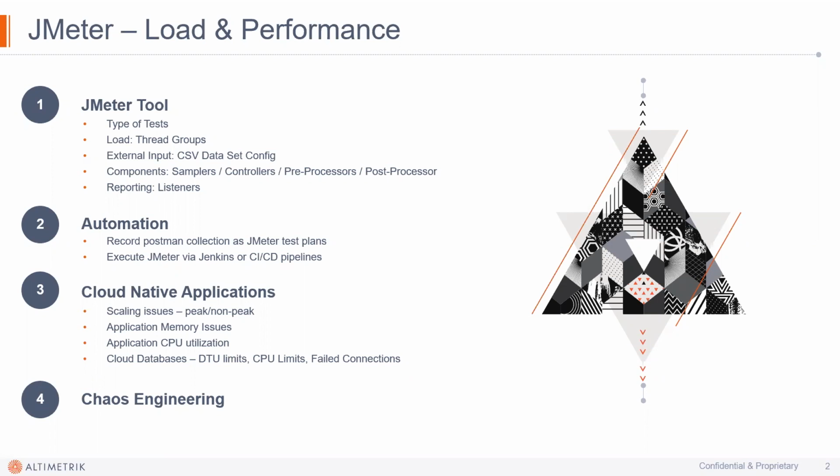So we'll talk about the automation that we have already implemented and how we can implement the same for different use cases. Cloud native applications, again, this is the current era where we are. We talk about all these cloud applications and microservices, as I mentioned earlier. We should be able to scale them either manually or automatically.